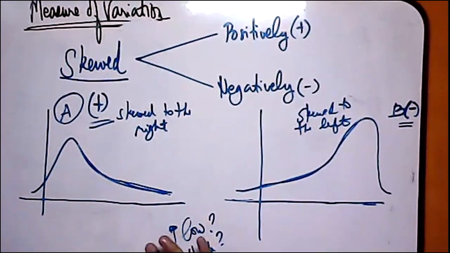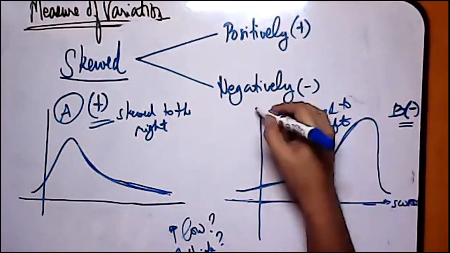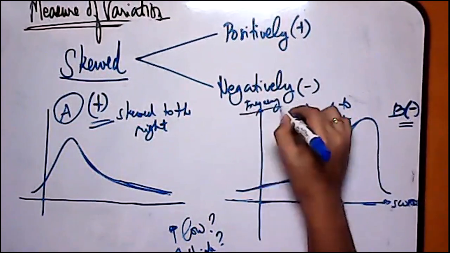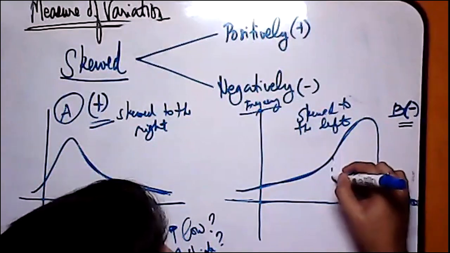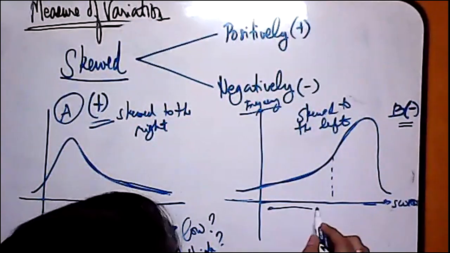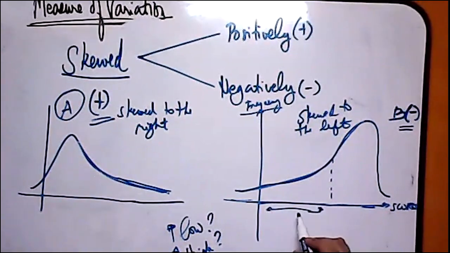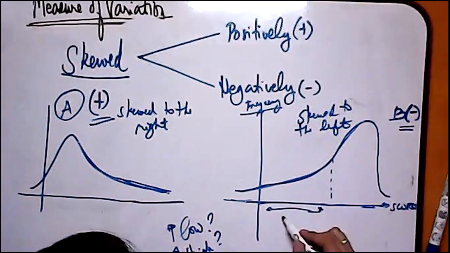If we analyze these curves, let's look at this negatively skewed distribution. Sabi ko kanina, ano ang nasa x-axis? Yung ating scores. Ito naman yung ating frequency. What are the scores in this area? Are they high scores or low scores? They are low scores.